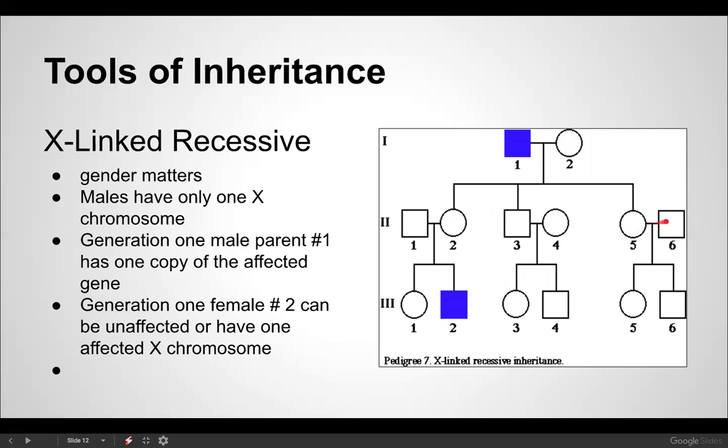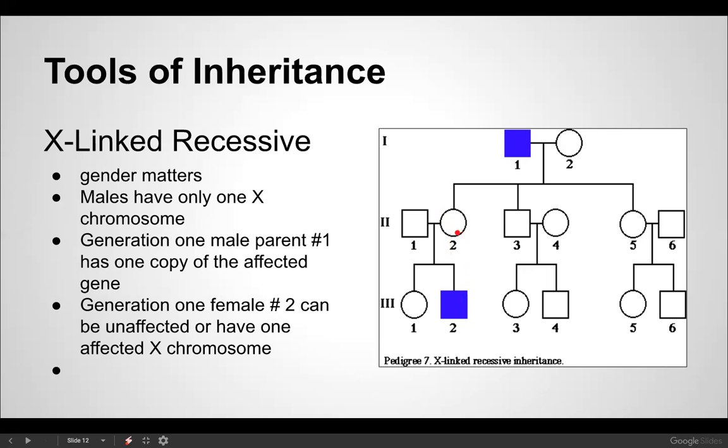This couple, their daughter married a male. They didn't have any children with the trait. Their son here didn't have any children with the trait, right? But here, they wound up having the individual pass this on. So this daughter, because she has two X chromosomes and it's a recessive trait, she's not showing it, because her other X chromosome is hiding it, but she passes on one X to her son.